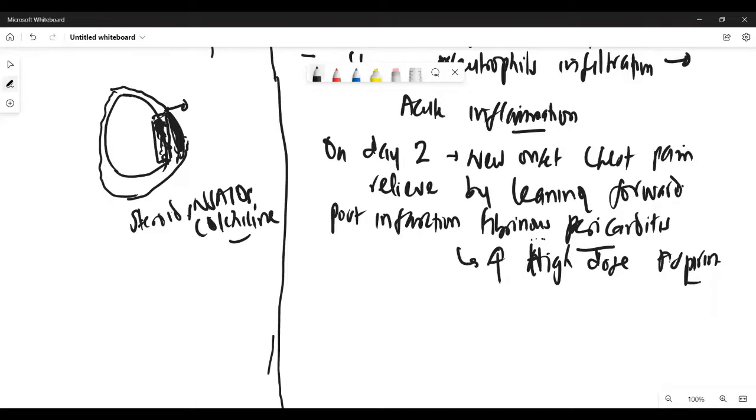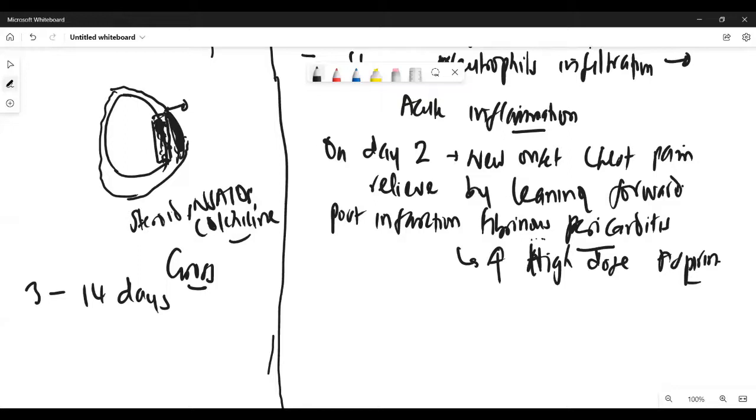So what happens from day 3 to day 14? We covered the first 24 hours, then 1 to 3 days, and now we're covering 3 to 14 days. On gross, what are we expecting? Initially, between day 1 and 3, it was a pale area.